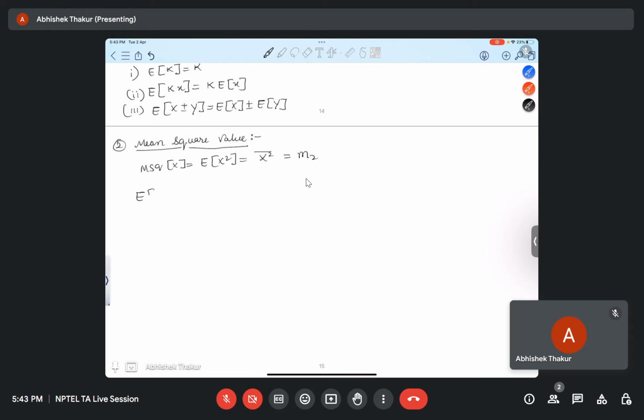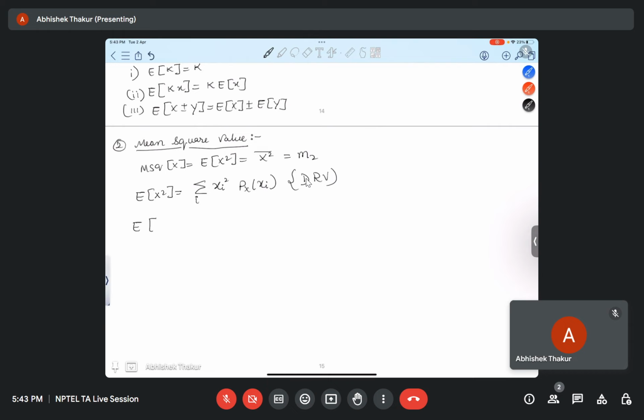So E of x squared can be written as the summation of xi squared times probability of xi, for a discrete random variable.